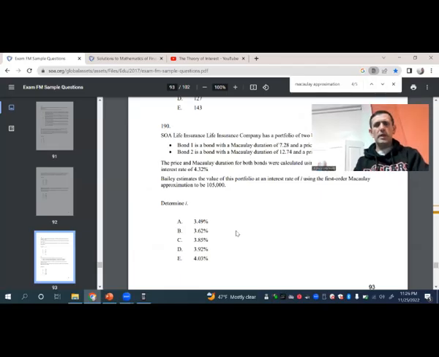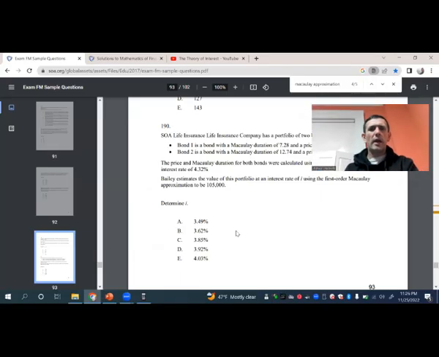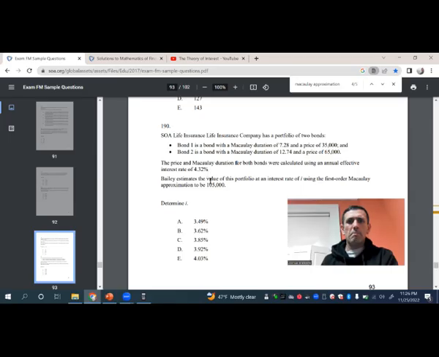Okay, so not a particularly hard problem. You just have to know what you're doing. And again, with these problems, you're given the Macaulay durations for both of these. You do not need to do any specific bond calculations here. You're already given Macaulay duration, so it is totally irrelevant that these are bonds.